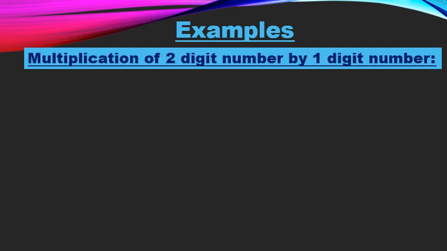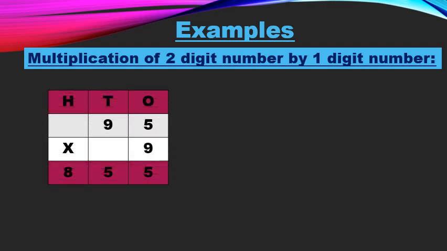Multiplication of two-digit number by one-digit number. 95 into 9. So first of all, we need to arrange the numbers in the place value chart. So girls, you can see that I have placed the number 9 in tens place and 5 in ones place.